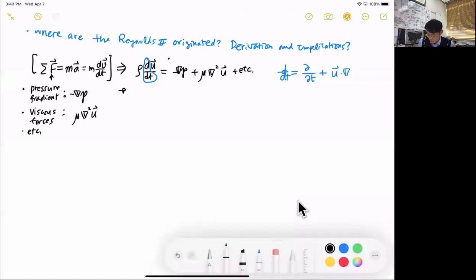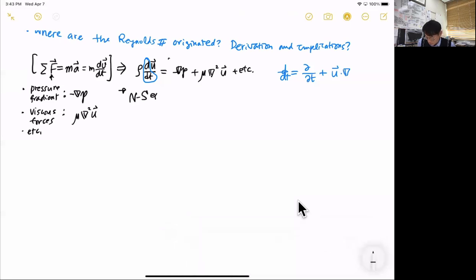So this is called the Navier-Stokes equation, which is Newton's law converted for a viscous fluid. Now let's normalize.